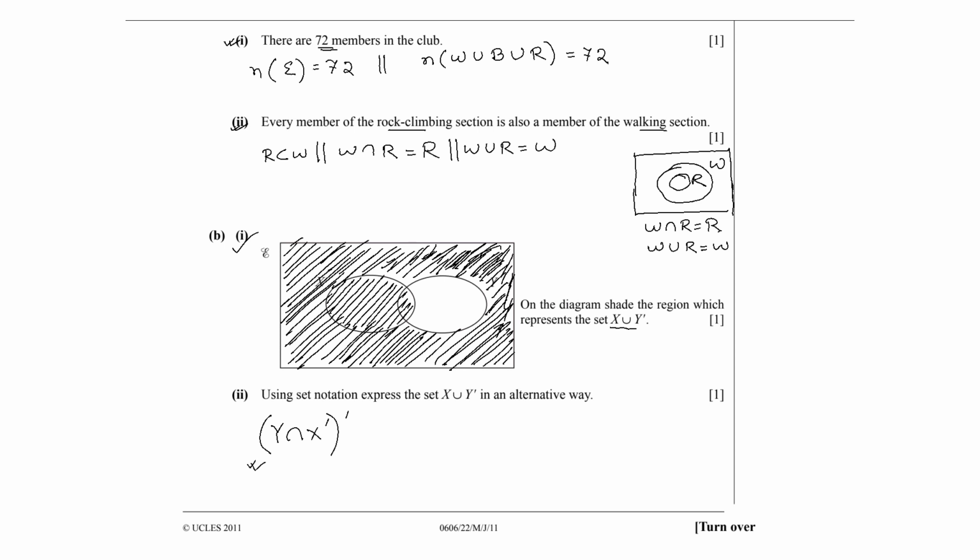This represents exactly the same thing. This means everything in the universal set that is not Y, and everything except X. So question 2 is done. Now let's move on to question 3.